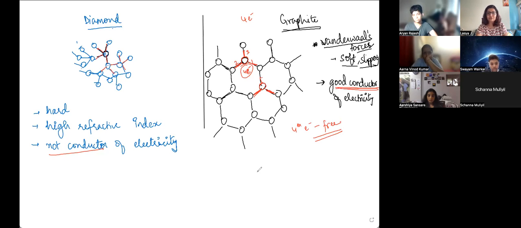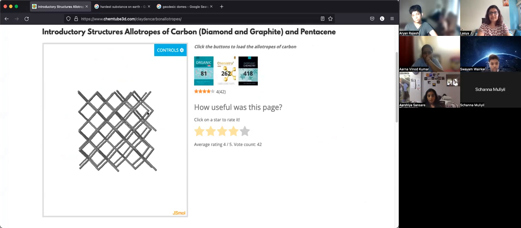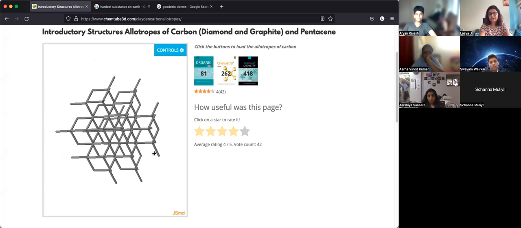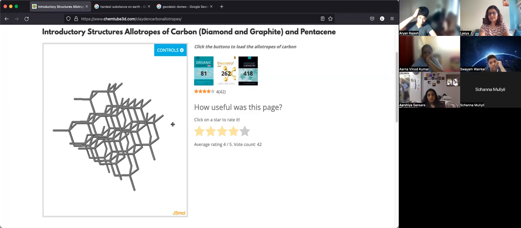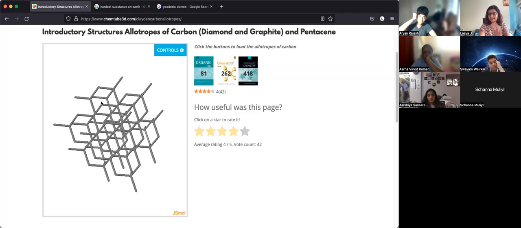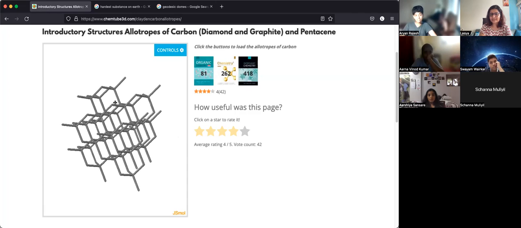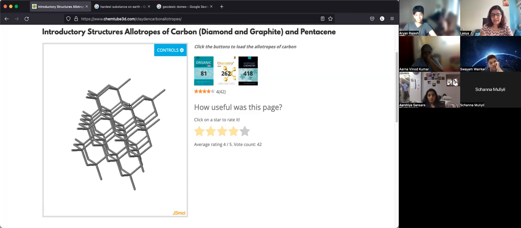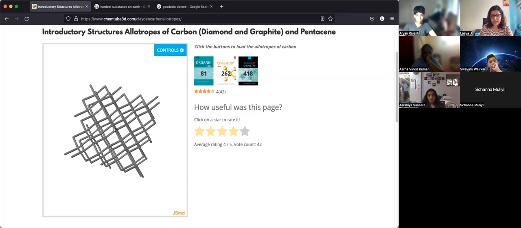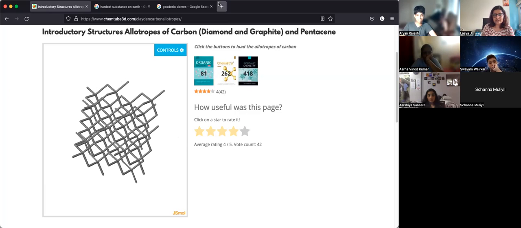Okay. So now, just to give you guys a better idea, look at the 3D structures. Yeah, so this is the structure of diamond. Just rotating it. So you see how stiff it is, how ordered it is. It's almost not exactly cubes, but almost. It's like a regular shape to it, right? And you can see here, focus on this particular carbon atom.